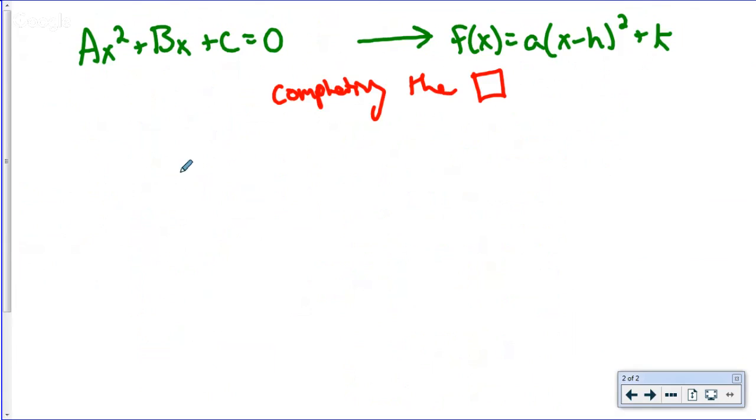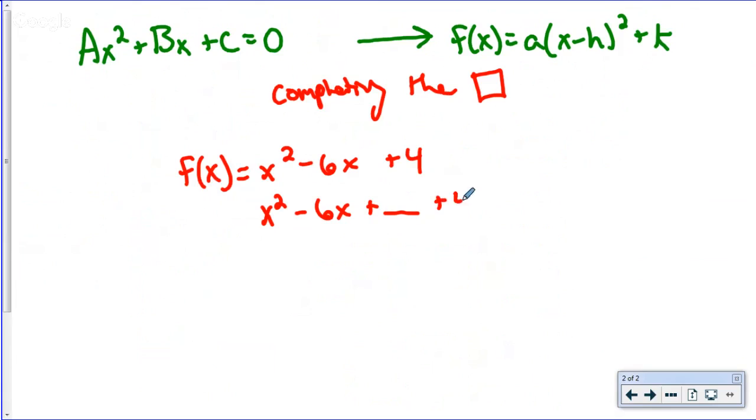If we start with an example, let's say f of x equals x squared minus 6x plus 4. We're going to complete the square, but we're going to do it all on this one side here. So we're going to add the blank, but then we need to also subtract the blank, because if I add blank minus blank, those two blanks will cancel each other out.